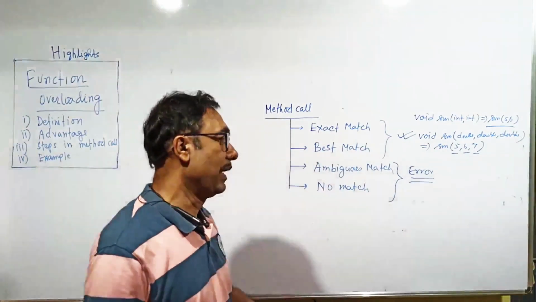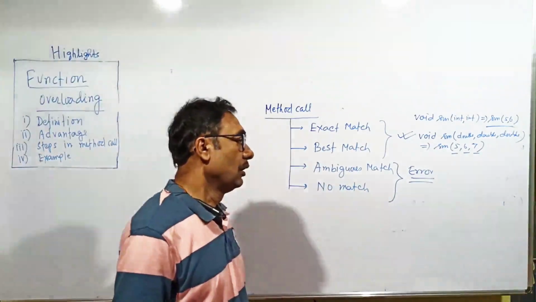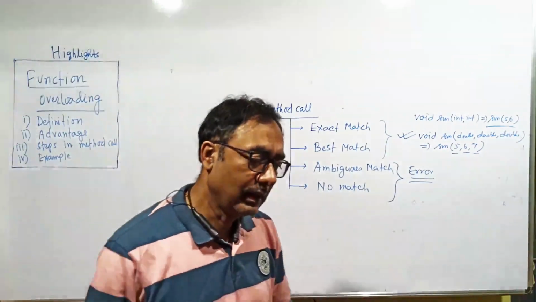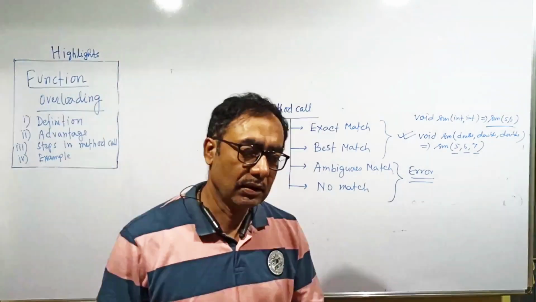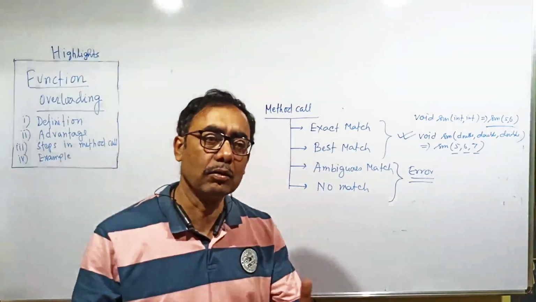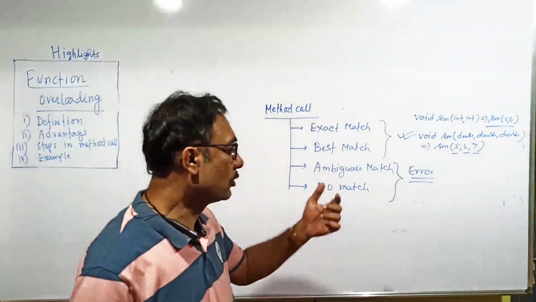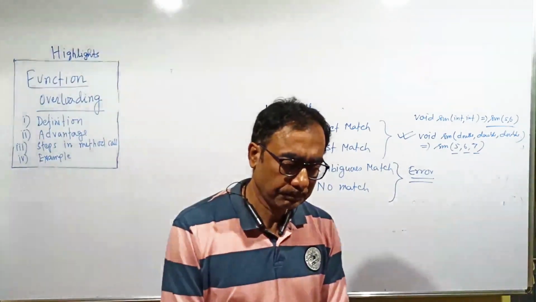Now ambiguous match. Whenever in the method definition you find more than one method ready to be executed against a particular method call, that is called ambiguous match.